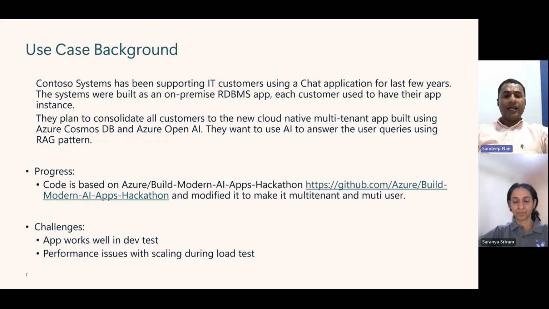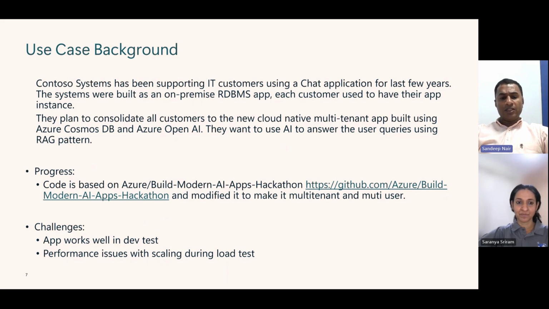And since these are AI times, they want to have Gen AI capability. They want to use the RAG pattern to provide responses to the customer's chats. To do that, what they've done is they've taken our hackathon content and made some changes to it to add multi-tenant, multi-user capabilities to it.